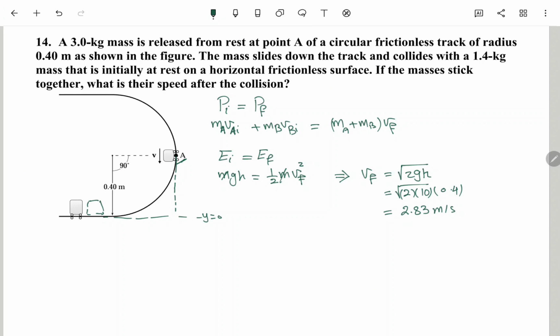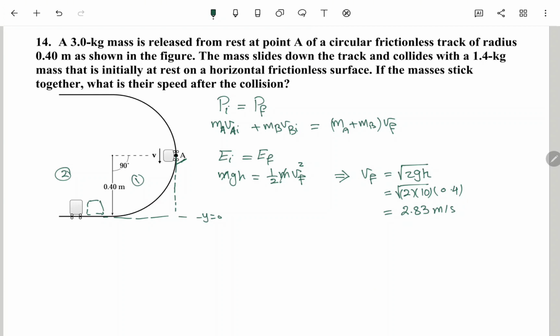Now assuming that this is the first stage here and the collision is the second stage, the final velocity in the first stage is actually the initial velocity of the 3 kilogram object.